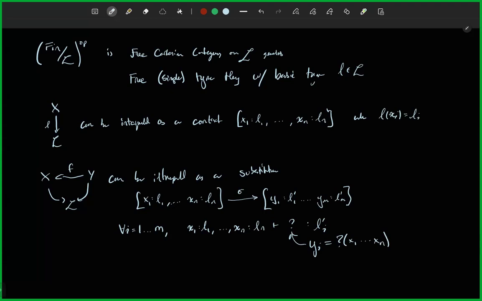To say that this is a free type theory means we're not allowed to do anything but have that variable be one of the variables we already have. So this must be x of f of i. And in order for this to be well typed, we must have that L prime i is equal to Li, or L of f of i.